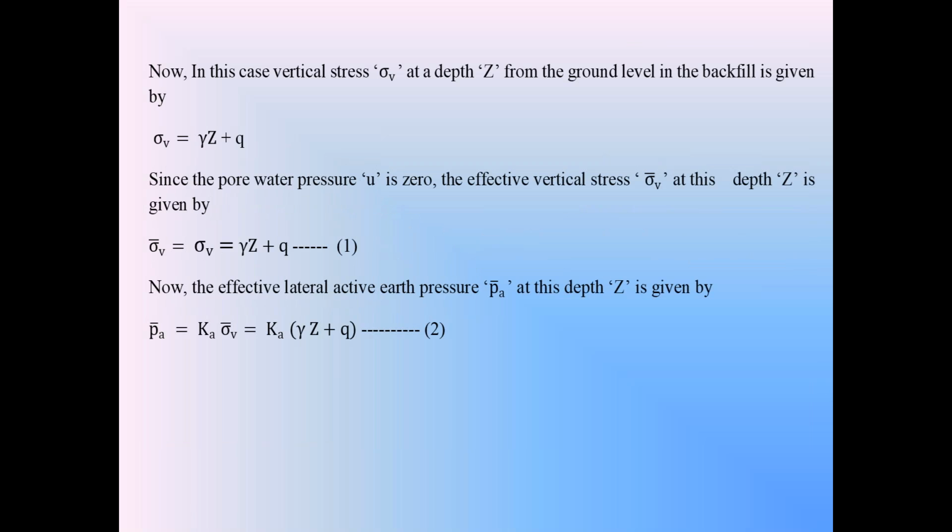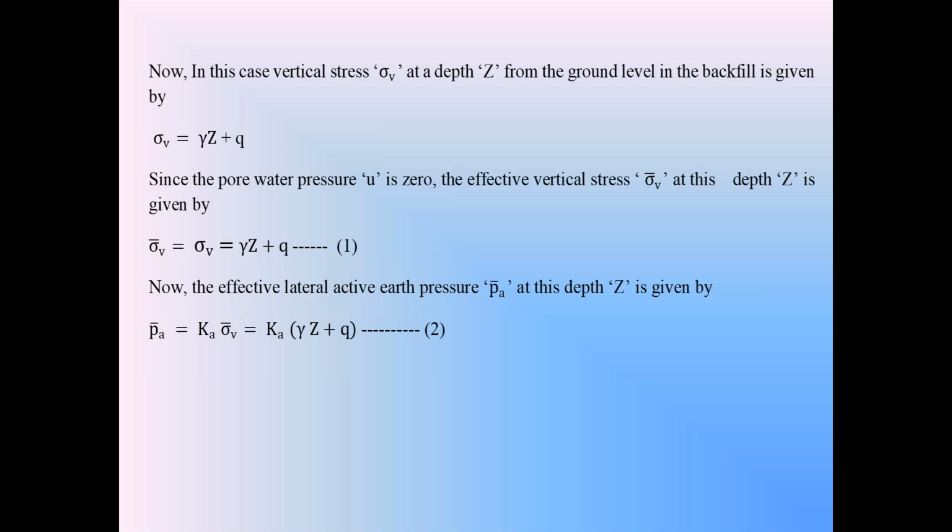So at a depth Z from the top of the backfill, the vertical stress sigma V is equal to gamma Z plus Q. Since the backfill is in dry condition, the pore water pressure is 0. You know that according to Terzaghi's approach, when the pore water pressure u is 0, the effective vertical stress is equal to total vertical stress sigma V. Since here the backfill is in dry condition, the pore water pressure u is 0.